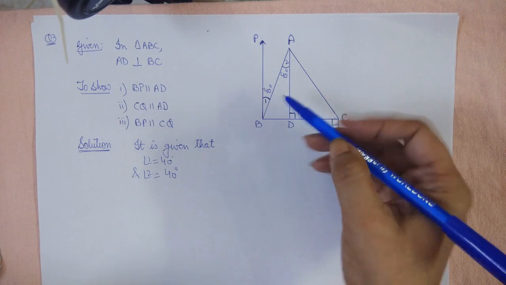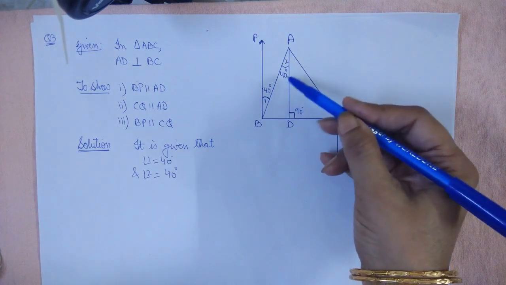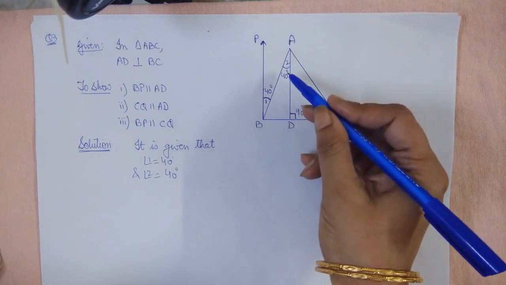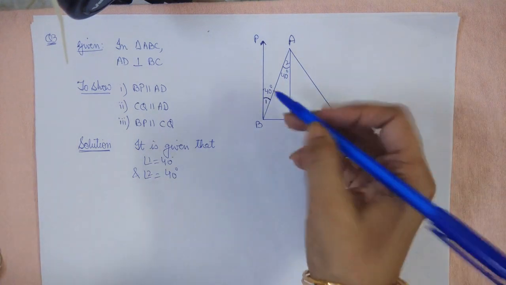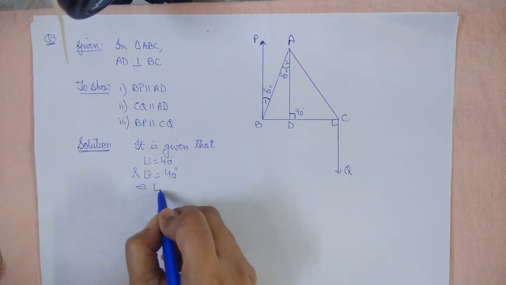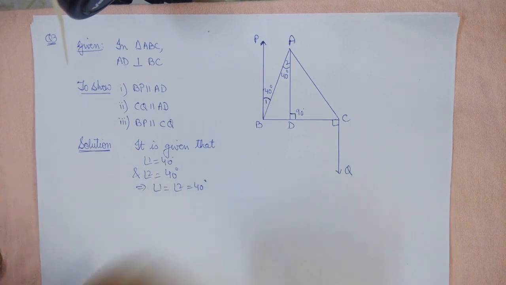So what do you observe? What type of angles are these two? These two are alternate interior angles and both of them are equal. So this implies angle 1 equals angle 2 equals 40 degrees.